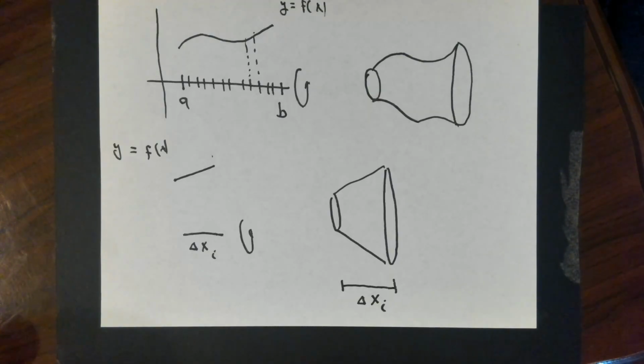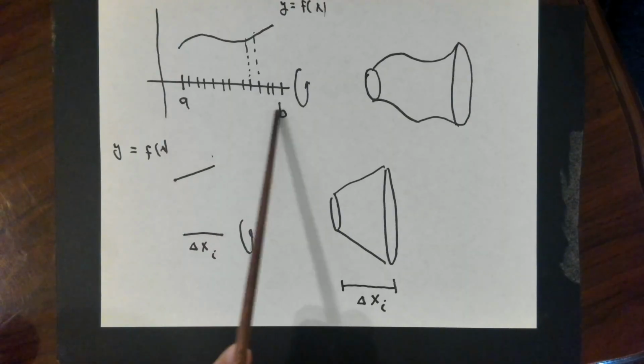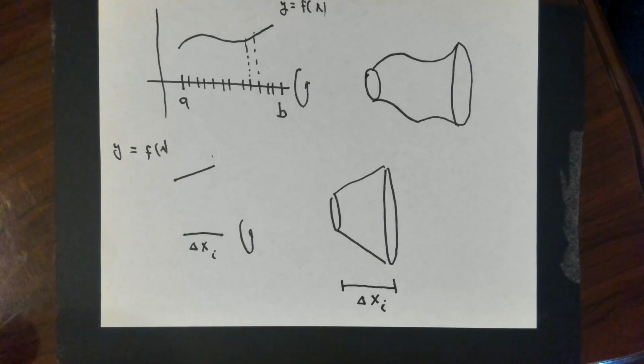By now, surely it comes as no surprise that I'm going to split the range of x values up into many smaller pieces and look at what happens with one of these small pieces.